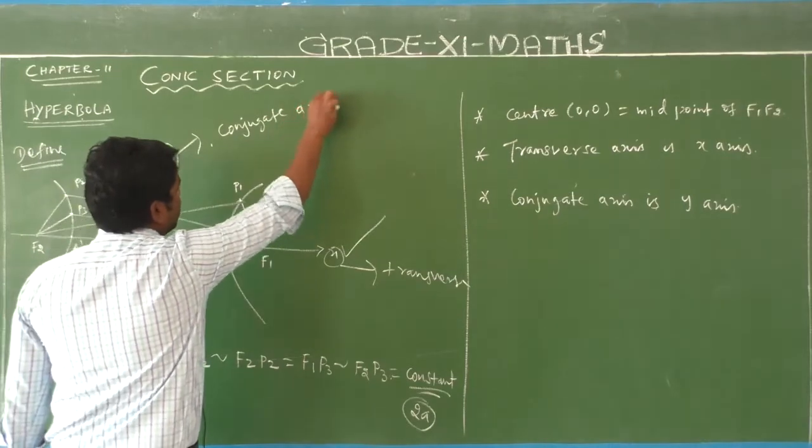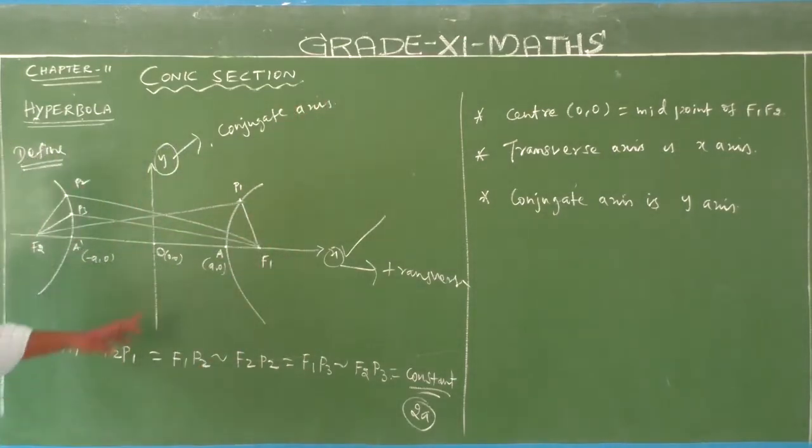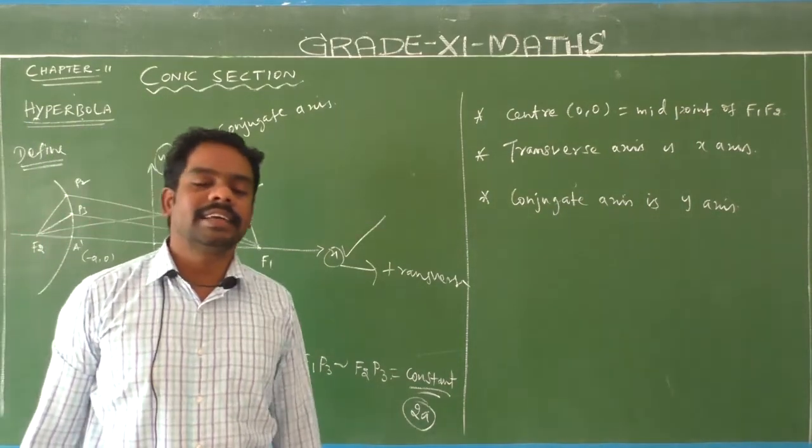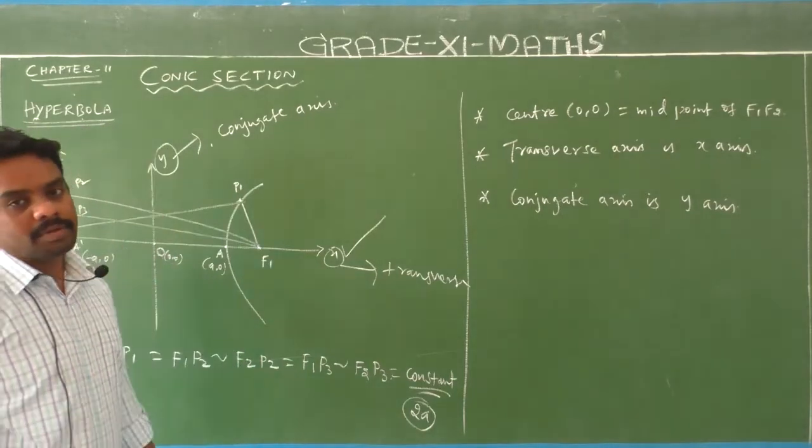Here A and A dash are the vertices of the hyperbola.